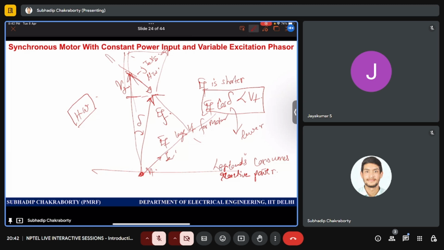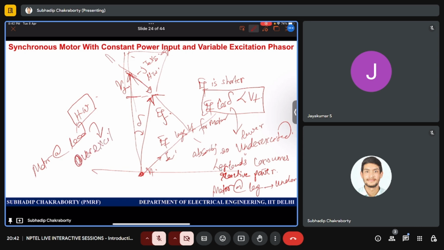Here the load is absorbing reactive power, so underexcited. Motor at lag, underexcited. Now motor at lead generates reactive power, so it is losing reactive power, so should be overexcited. So EF cos delta less than VT means it is, so this is lagging, right? So just try, okay?